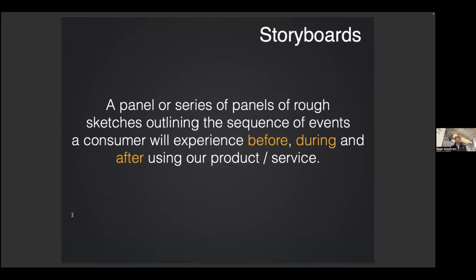The idea behind a storyboard is similar to what you think about for a movie or a TV commercial, except that great storyboards for entrepreneurs talk about what the customer does before they use the product, how they use the product, and then after they're done using it. So this is not just the narrative of how you would promote your product, but what the customer is doing before, during, and after.